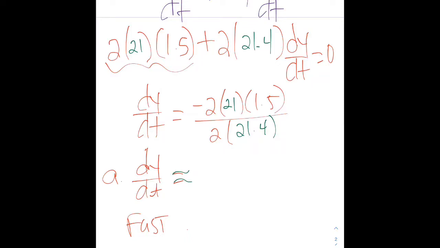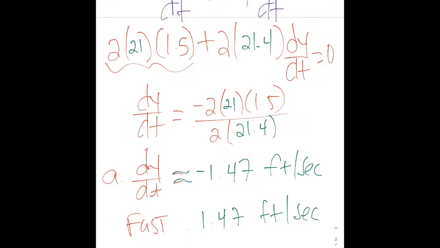So this is approximately negative 1.47 feet per second. And remember, it wanted to know how fast, so my answer would be a positive 1.47 feet per second. And that would be the answer to part B.